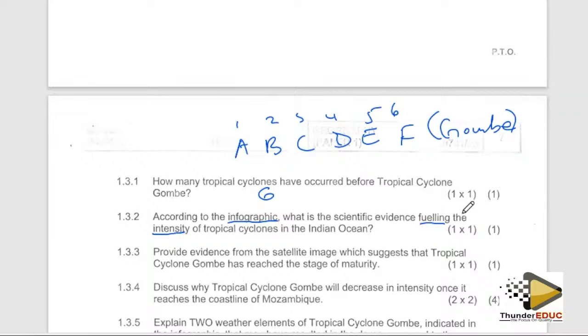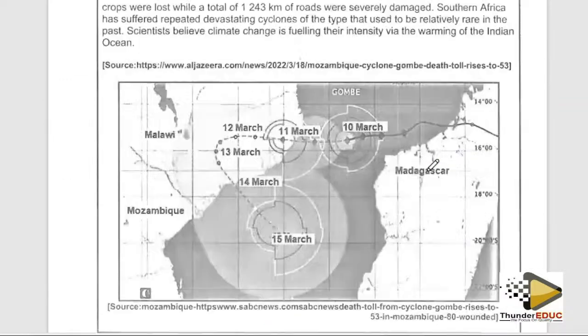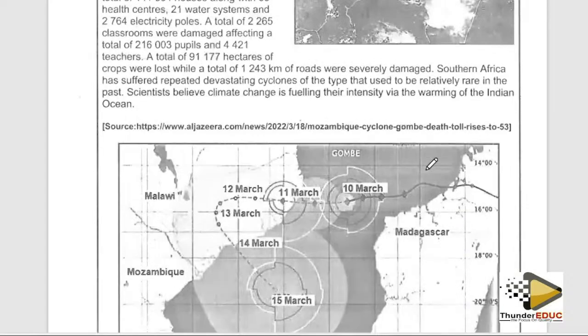Now, let us visit the infographic. But I remember while reading, I came across this statement which says, scientists believe climate change is fueling the intensity. So which means, so far, climate change is fueling the intensity via the warming of the Indian Ocean.